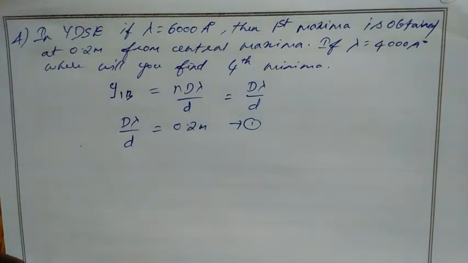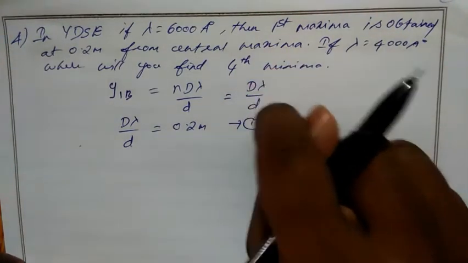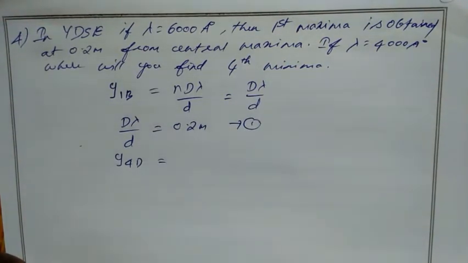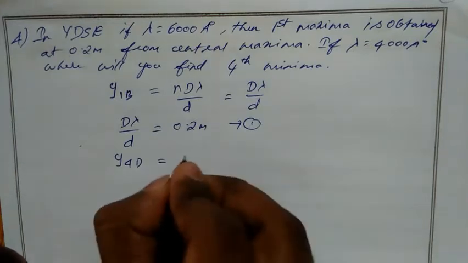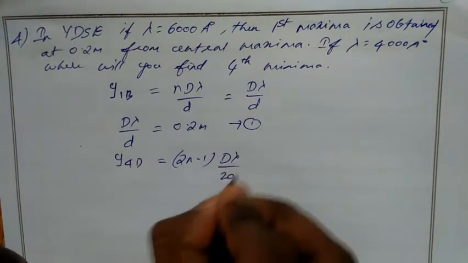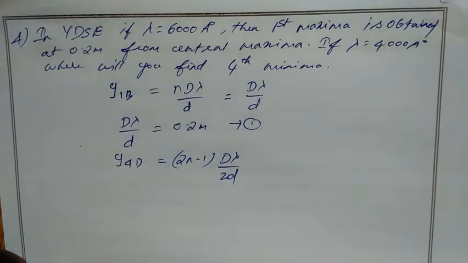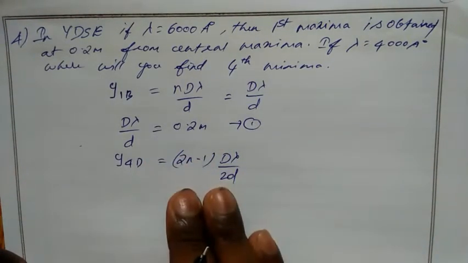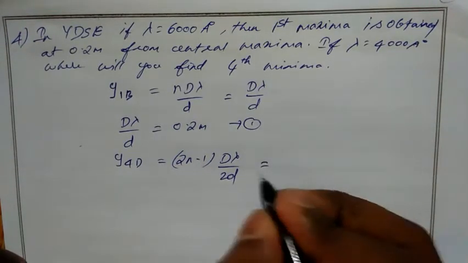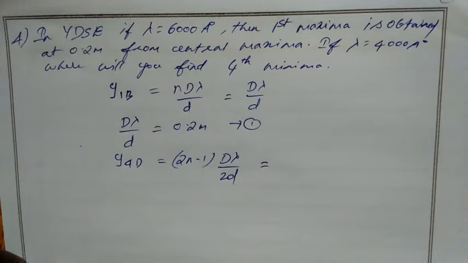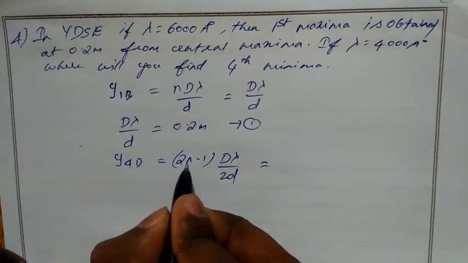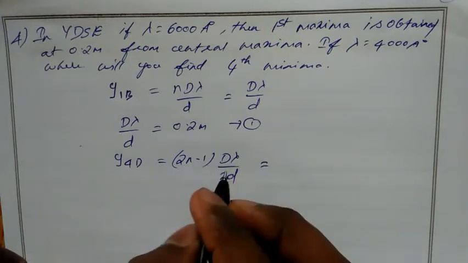We have to find the fourth dark, the fourth minima. What is the formula? (2n minus 1) D lambda by 2d. All you have to do is remember this formula. Now substitute n is 4. Then 2 into 4 is 8, 8 minus 1 is 7.